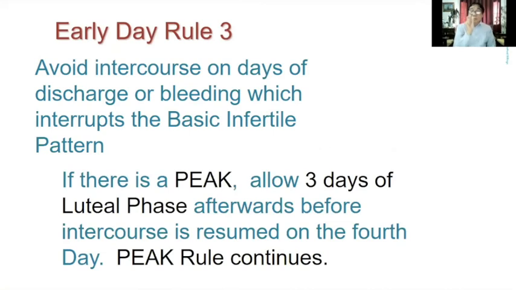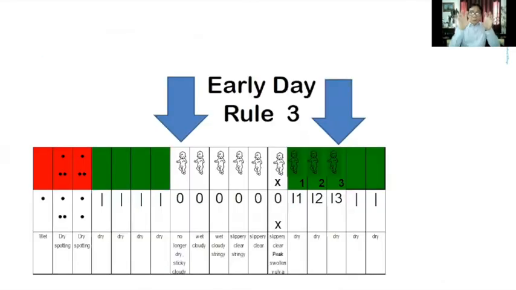If there is a peak, allow 3 days of luteal phase. Afterwards, before intercourse is resumed on the 4th day, the peak rule continues. So let us try to use the chart and let us identify where to apply the EDR3.